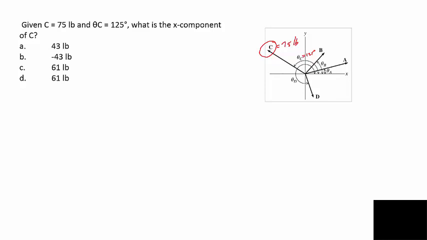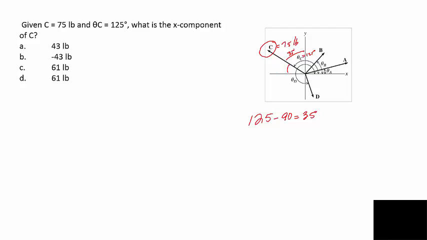So the question here is how you want to do this, if you want to do the angle here or here. And of course, it's easier to say 125 minus 90 is 35. So this angle here is 35, but it doesn't matter how you do it.